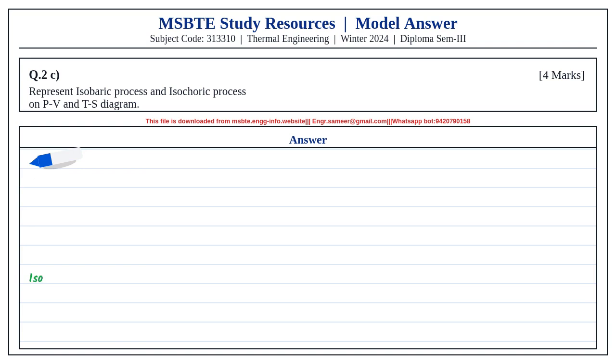Question 3a. A vessel contains gas and heat is supplied at constant volume. Find the temperature of gas. Given volume is 0.03 meter cube, initial pressure is 350 kilonewton per square meter and initial temperature is 308 Kelvin.